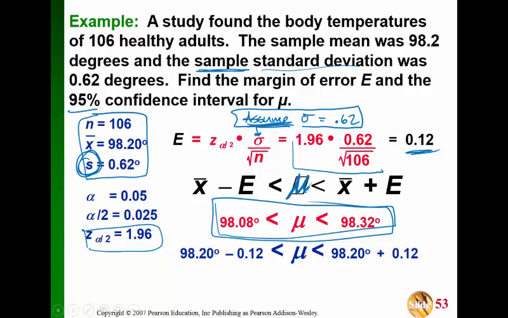Still doesn't go up to 98.6. So that's it. This is how they would get it using those 5 steps. They skipped over the first step about checking the requirements, but this is how you would get it.